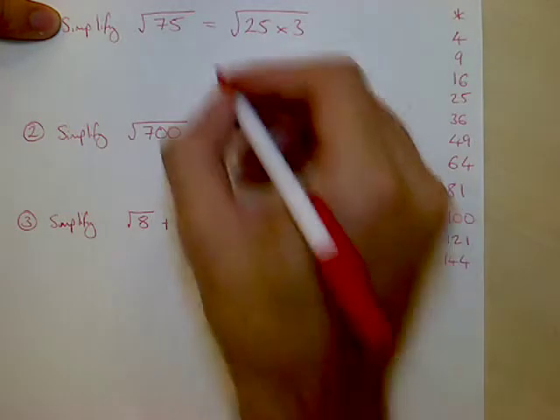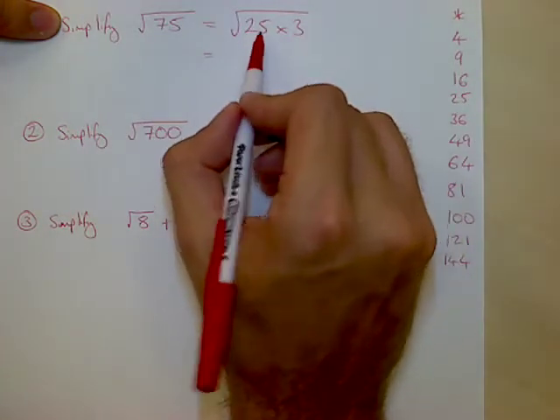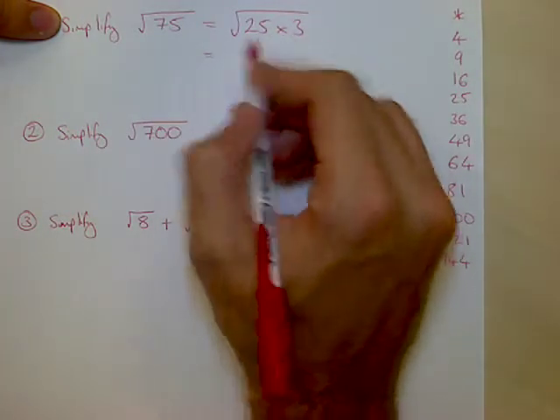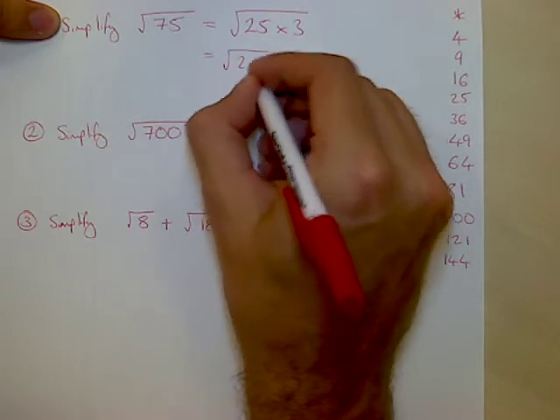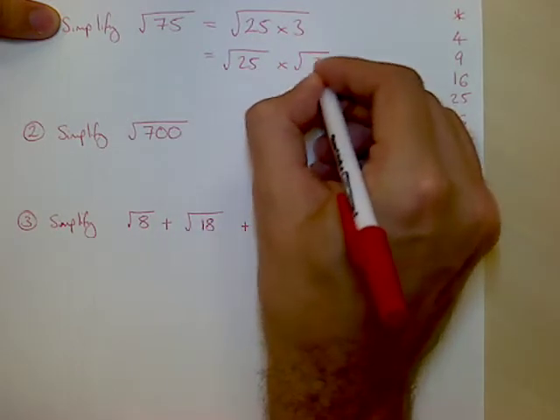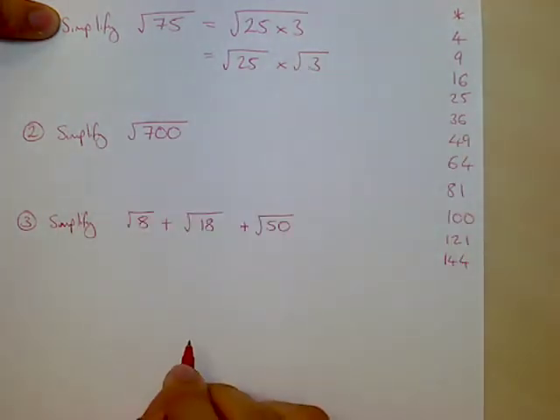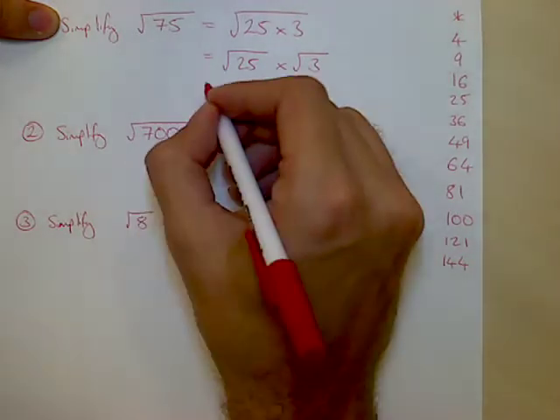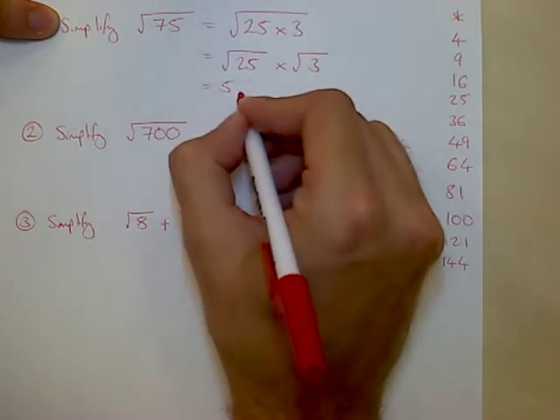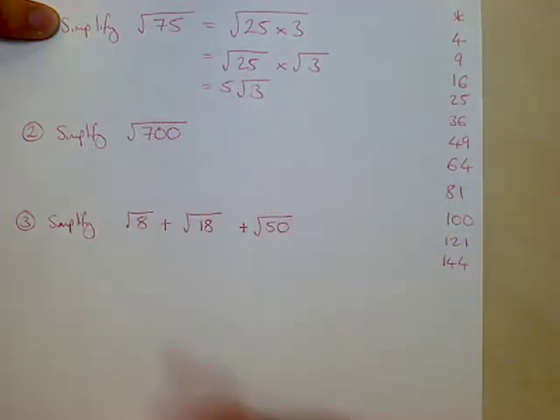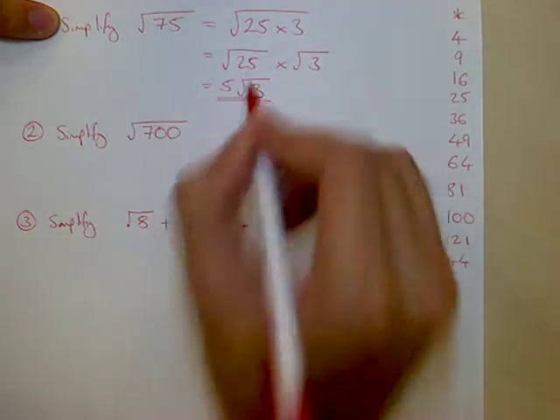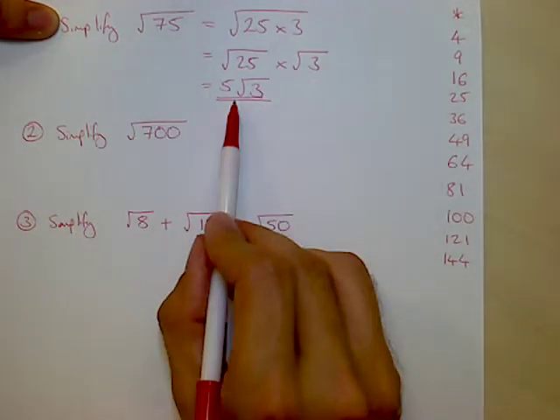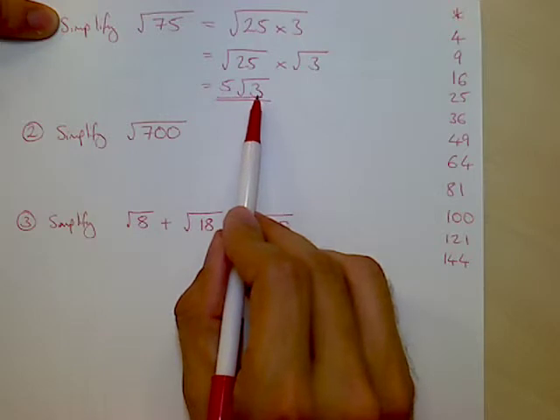And what you're allowed to do with surds is if you have a square root of two numbers being multiplied together, you can separate them out into individual square roots like that. And now I can say the square root of 25 is equal to 5, square root of 3 can't be simplified, so my final answer, root 75 simplified, is 5 root 3.